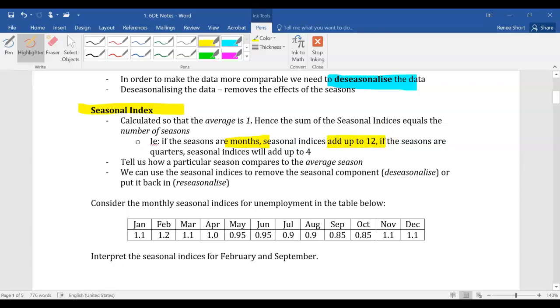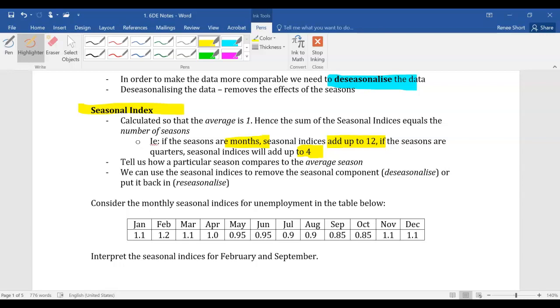If the seasons were done quarterly, we have 4 quarters in a year, so the indices would then add up to 4, but they would all have an average of 1 if we divided that 4 by 4, since there's 4 quarters.